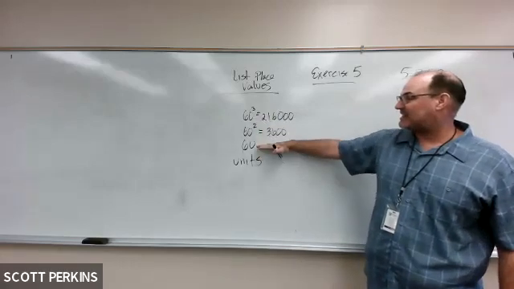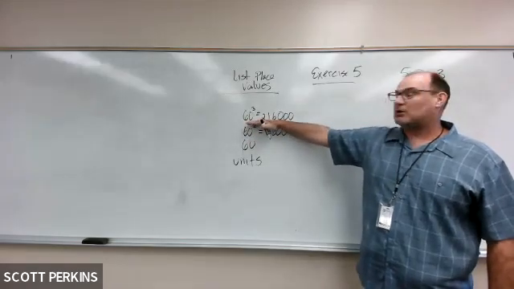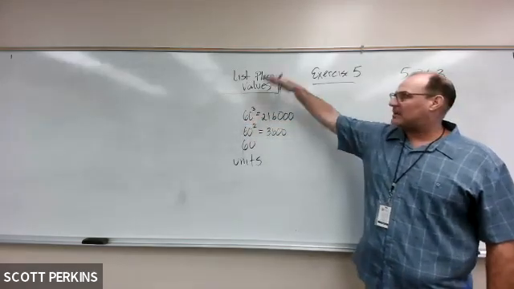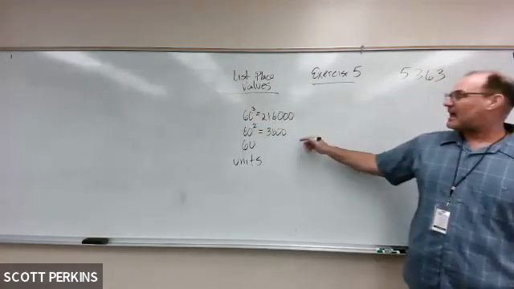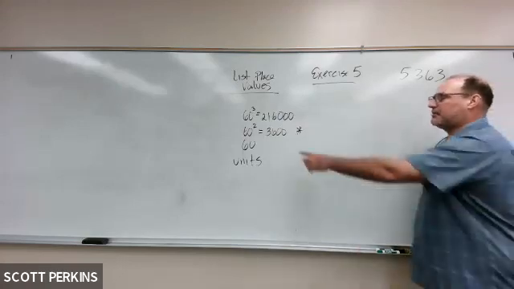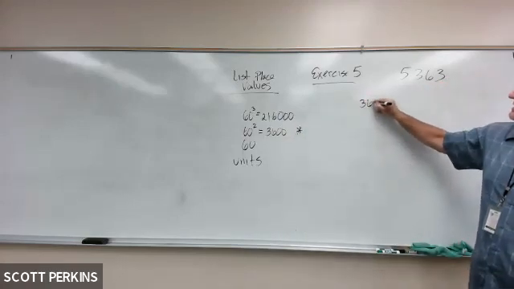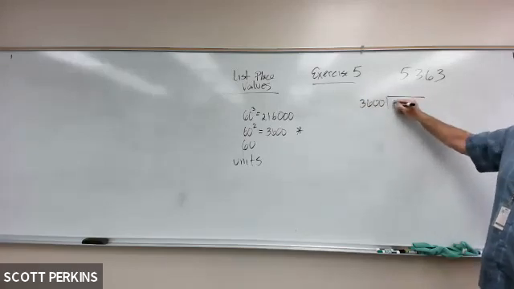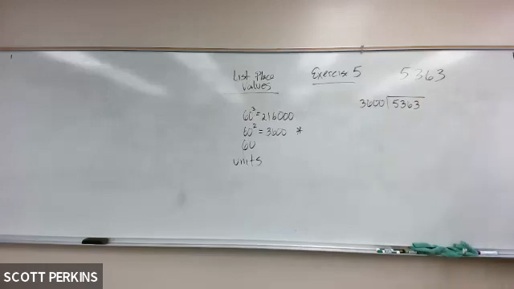I've got units, 60s, 60 squared, which is 3,600, 60 cubed, which is 216,000, and then we could go up and up and up, but there's absolutely no need to. So this time I can start here because 3,600 does divide into 5,363, and it is going to go in one time.